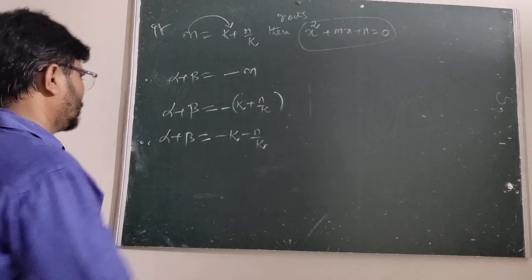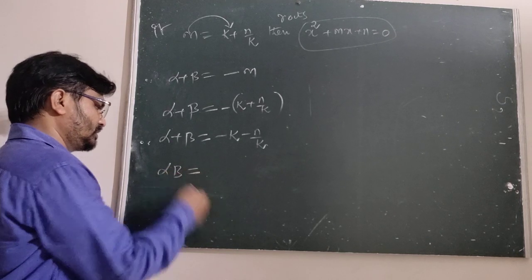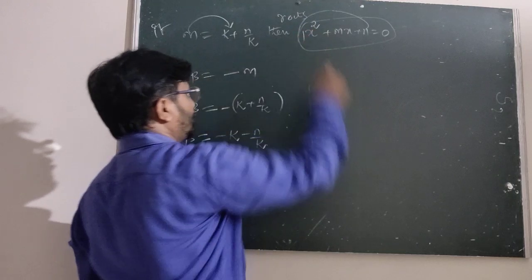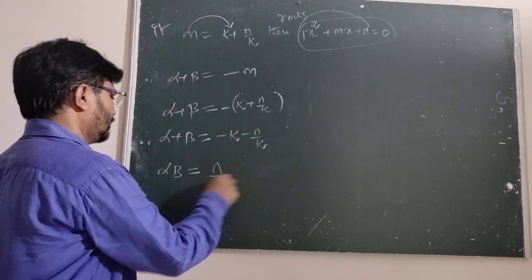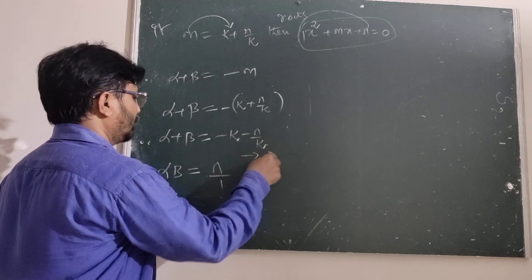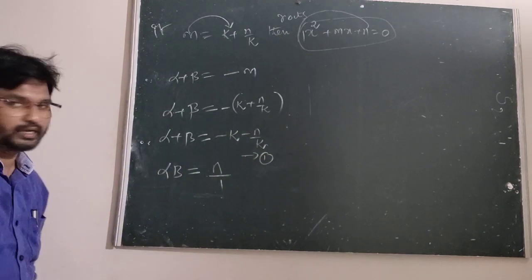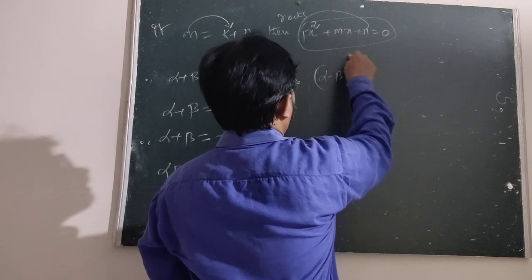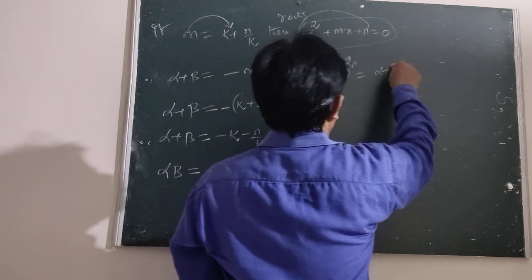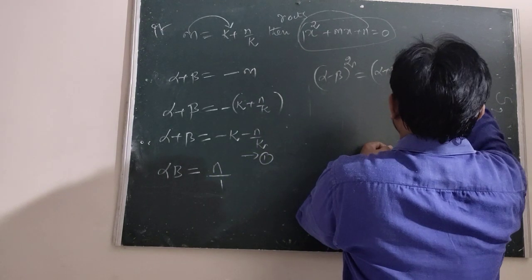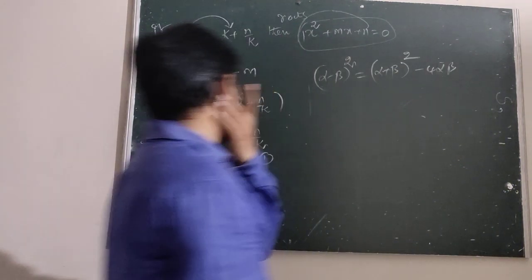Now the product of the roots, alpha into beta, is c by a. Here c is n and a is 1. Now this is alpha plus beta, and this is alpha beta. We know that alpha minus beta whole square is alpha plus beta whole square minus 4 alpha beta.